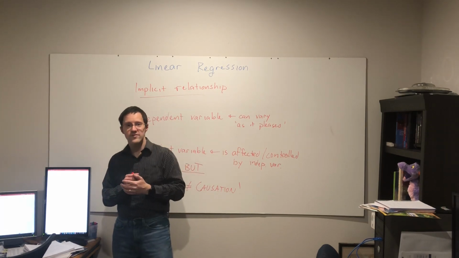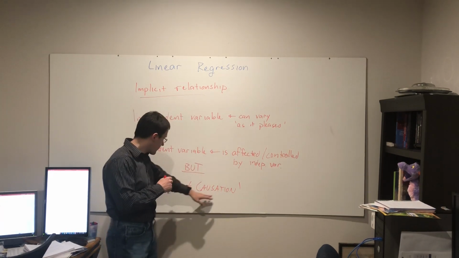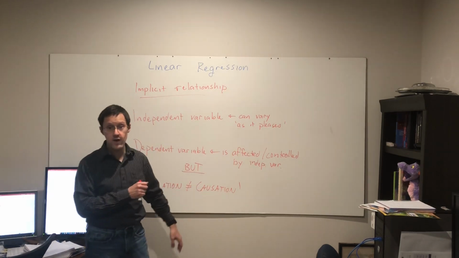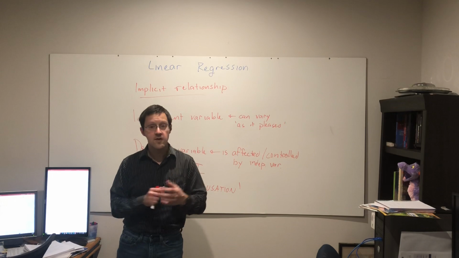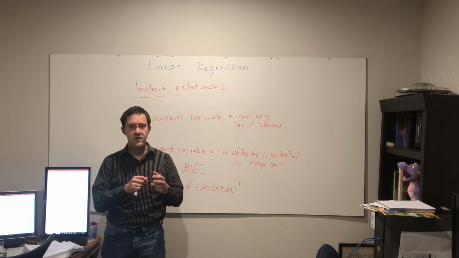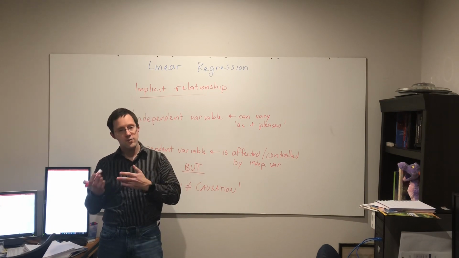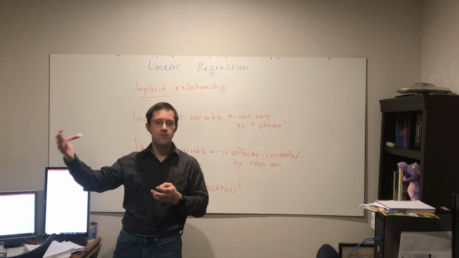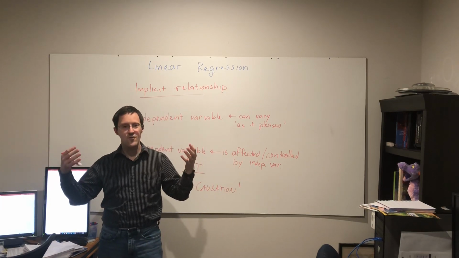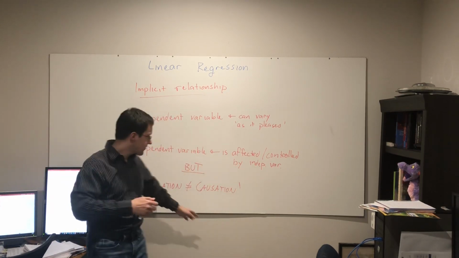Now it turns out that just because they're correlated does not mean that one causes the other. It does not mean that the vicars are the ones going out and robbing their parishioners. What it instead means is that in urban areas there was more crime, and in urban areas there were more churches and therefore more vicars. So it did not mean that one was causing the other, even though they were correlated.